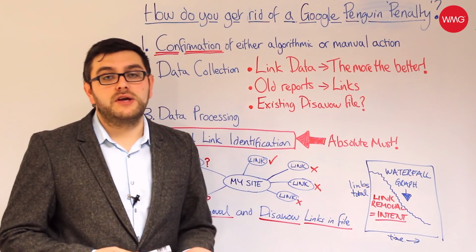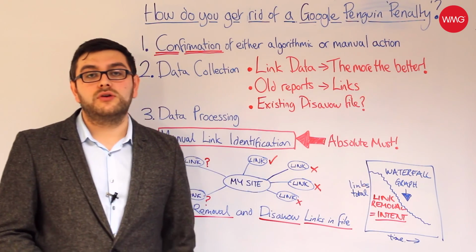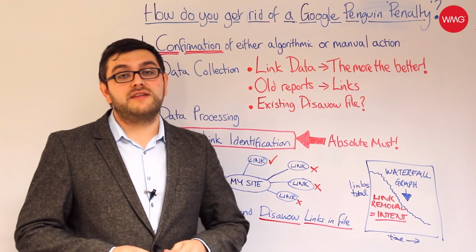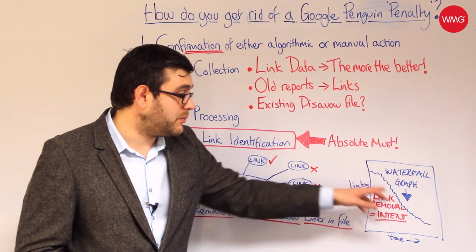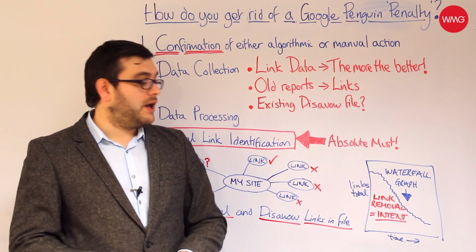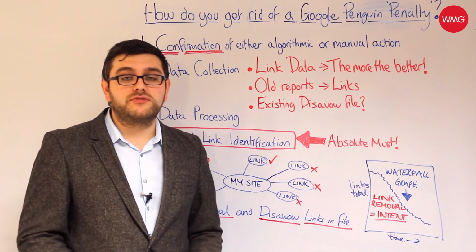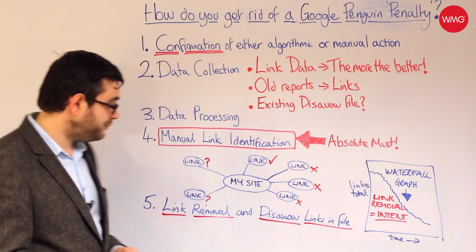We know from our experience that this isn't actually true. You have to show intent with Google that you have tried your best to remove links and take action to do so. Typically we're looking for a waterfall graph and a certain percentage of links removed. This isn't always the case. There are reports from people who have just disavowed, but this is the exception rather than the rule.